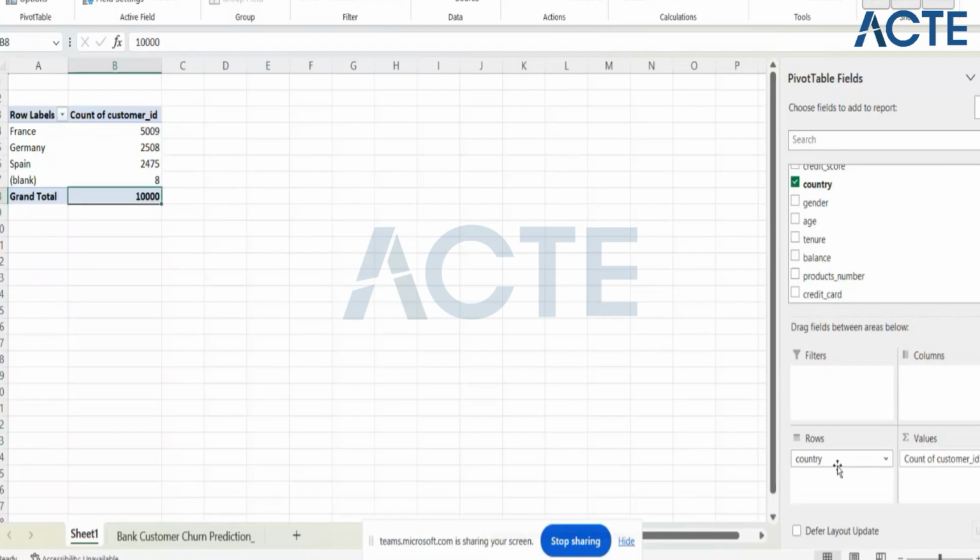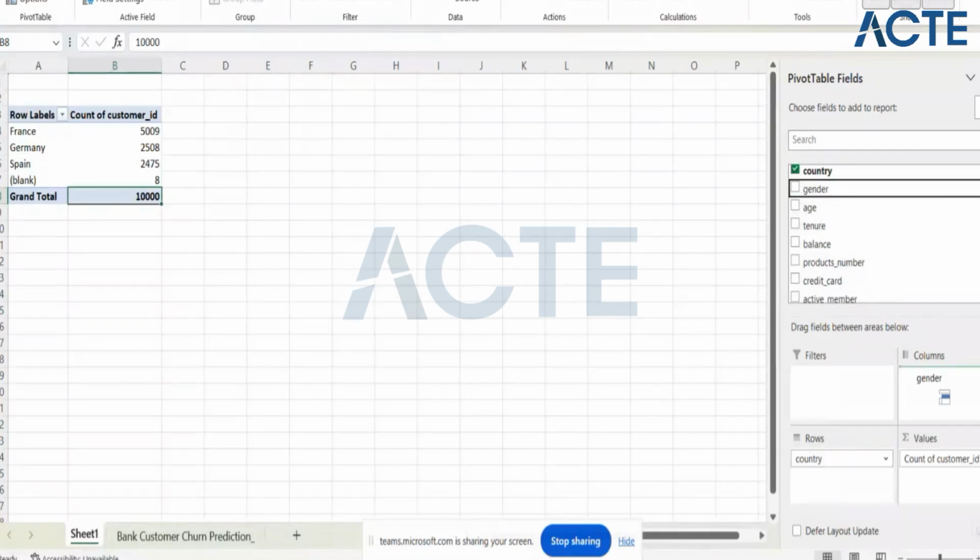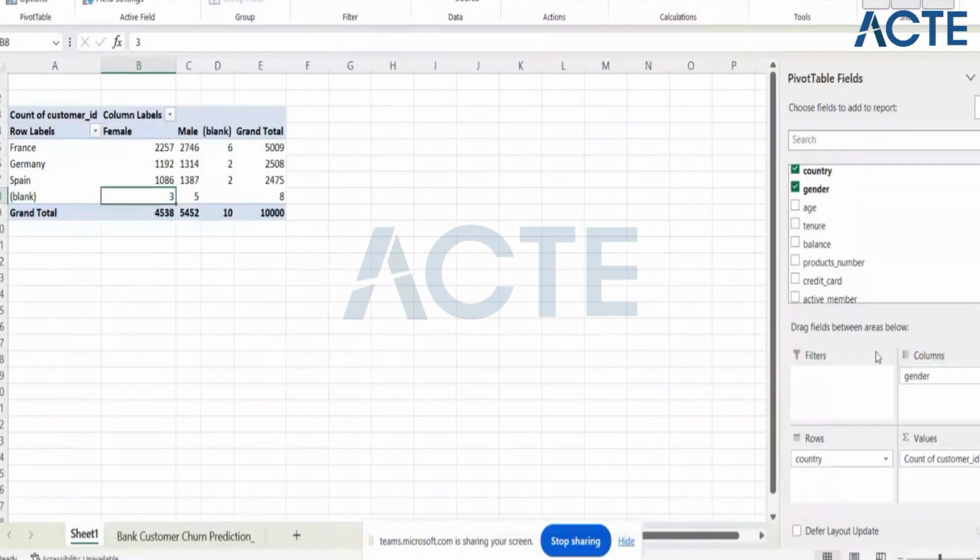Now, suppose someone asks you, within the country, what is the ratio of gender, right? So gender is a new field, and I am taking it within the column. Now it will give you the male female ratio and the total, right? So you have two categories, a two cross two analysis.